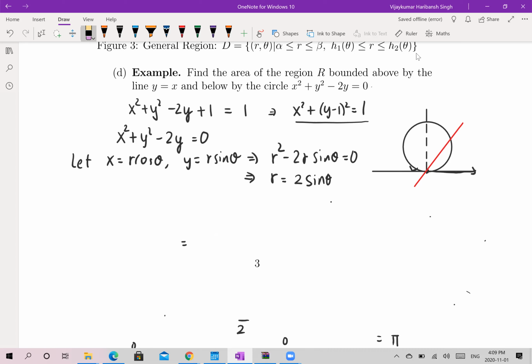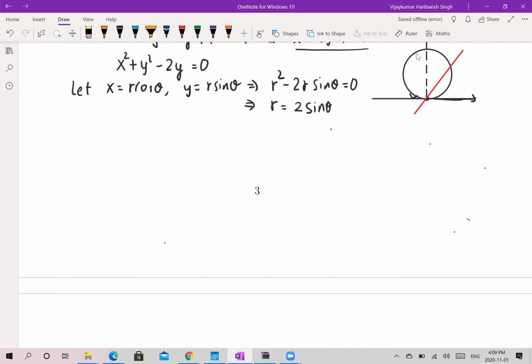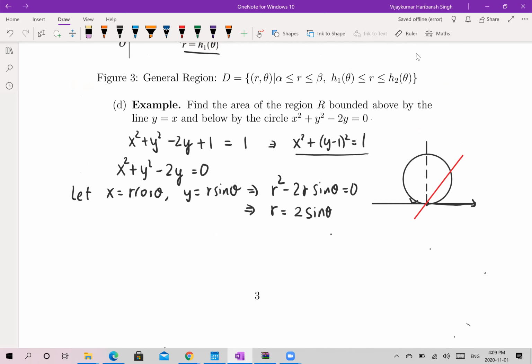We are looking for the region bounded above by the line y equals x, and below by the circle.